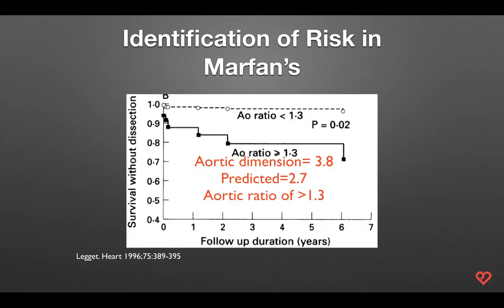And when you look at their article, it was able to show the rate of survival without dissection. If your ratio is greater than 1.3, you can see you have a 20% risk of dissection in that individual. And you can see the numbers coming across. Well, if it's less than 1.3 ratio, then your survival without dissection is pretty doggone good.